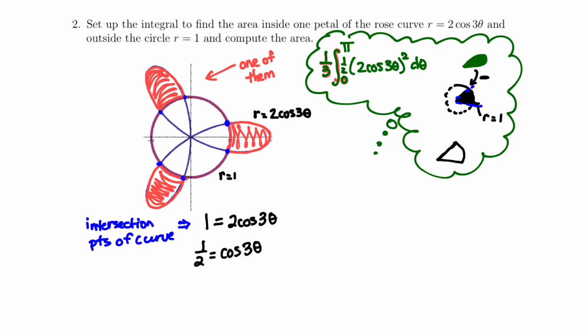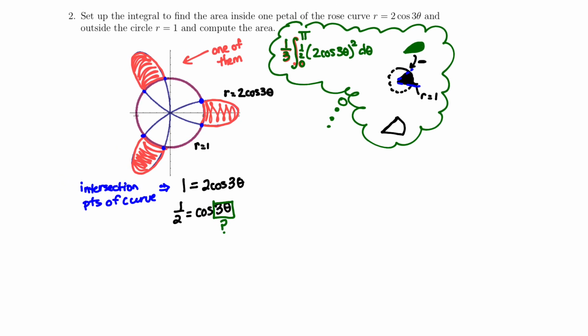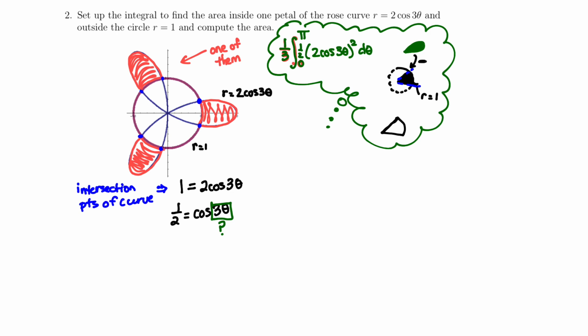So we are trying to figure out where the cosine equals 1/2. The cosine is equal to 1/2 up here and down here and every other multiple of it.